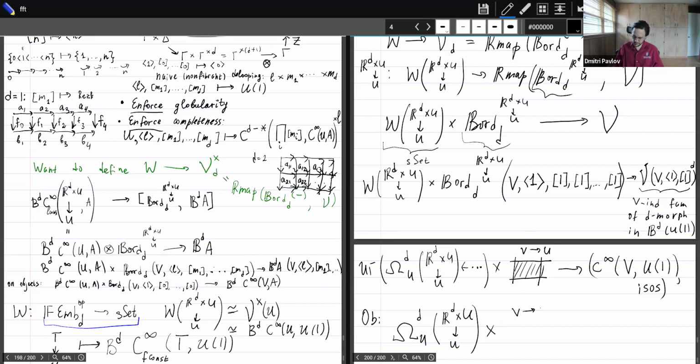It's a smooth map from V to U, together with a V-indexed family of embedded Bordisms into RD. And I have to produce for you an object here, which is a smooth map from V to U1.